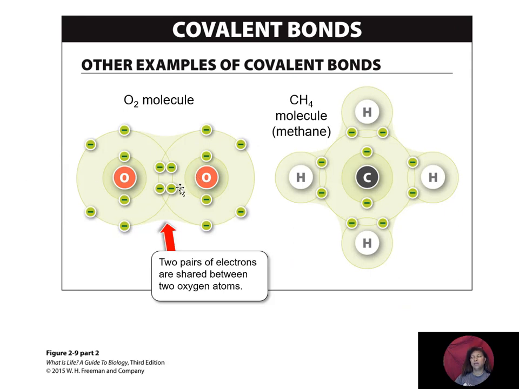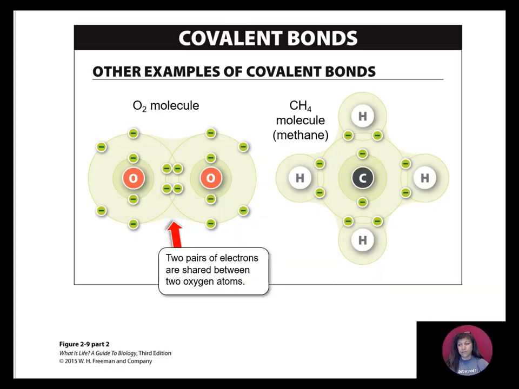We can see the same thing with oxygen. So we can see the two oxygen atoms are covalently bonded. We can see here that two pairs of electrons are shared between the two oxygen atoms. Also, when we look at other molecules and their covalent bonding, we can see that carbon can covalently bond.